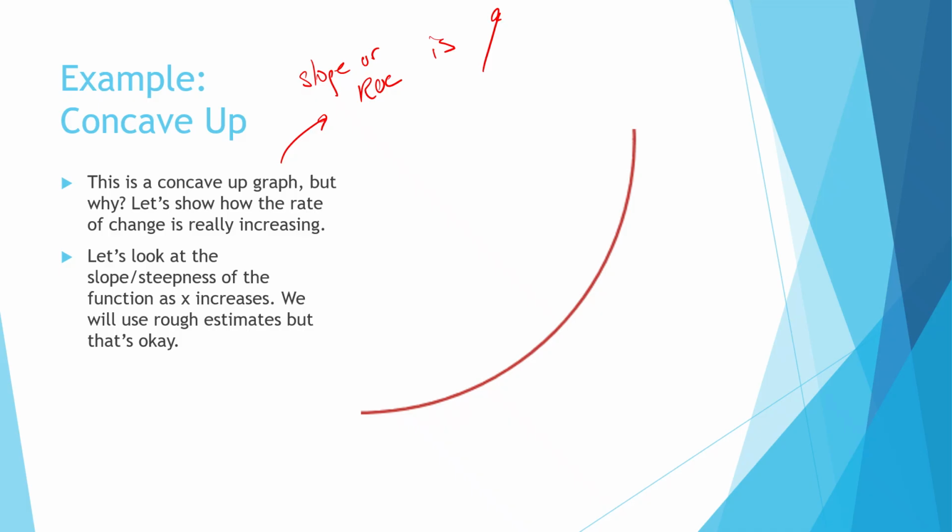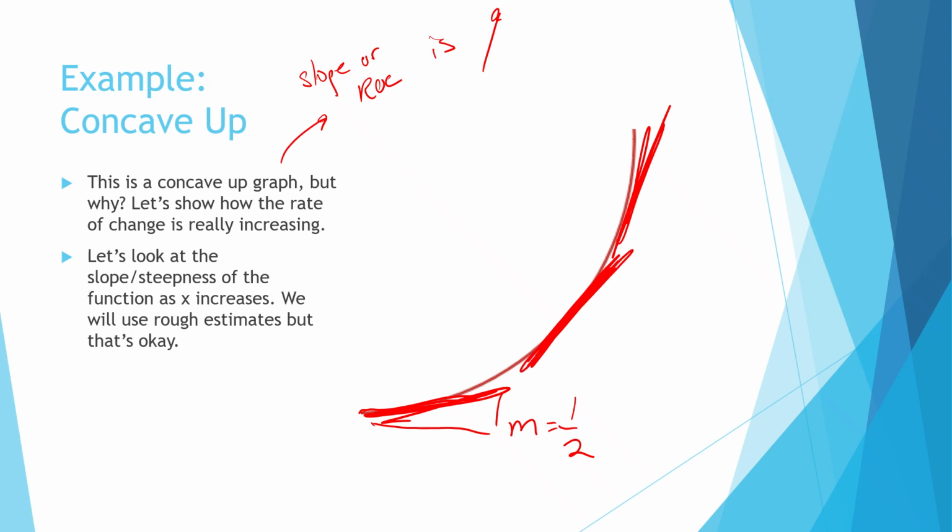Let's guesstimate some slopes, right? If I draw a few lines here, this may have a slope, I'll put M for abbreviating slope, of maybe 1/2 here, right? It's not super steep, but a little steep.